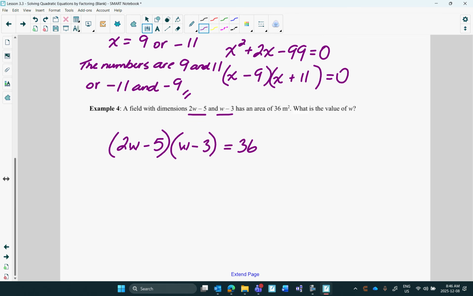I have to multiply it out and then bring the 36 over. So when I multiply this out, 4 multiplications, 2W squared minus 6W minus 5W plus 15. And I'm going to bring this over at the same time, so I'm going to go minus 36.